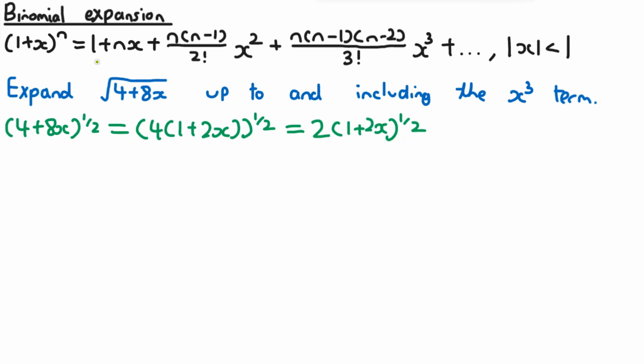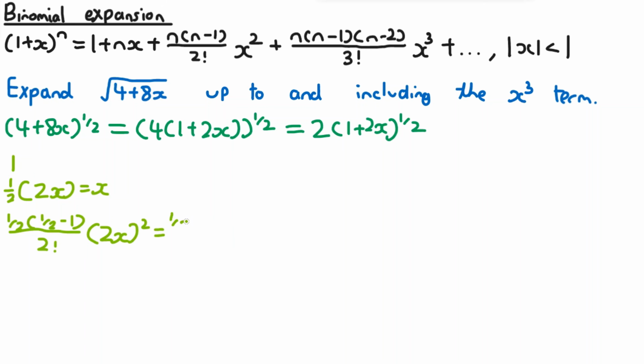So let's do this. The first term is going to be 1. The second term is going to be nx, so it's going to be a half times x, and x is 2x in this instance, which is equal to x. And then the third term here is going to be a half, and then a half minus 1 over 2 factorial, and then x, which is 2x, squared like this.